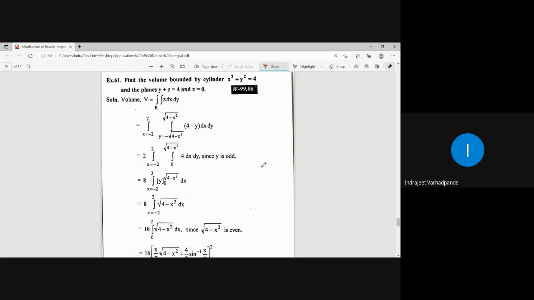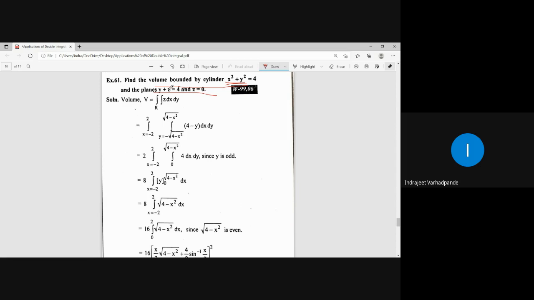Another example related to volume: volume bounded by cylinder x square plus y square equal to 4 and the plane y plus z equal to 4, z equal to 0. Z equal to 0 means projection is taken in the xy plane. Now here this is ultimately the cylinder base which appears to be in the circular form. So accordingly I will be converting the limits into the form of x as well as y.